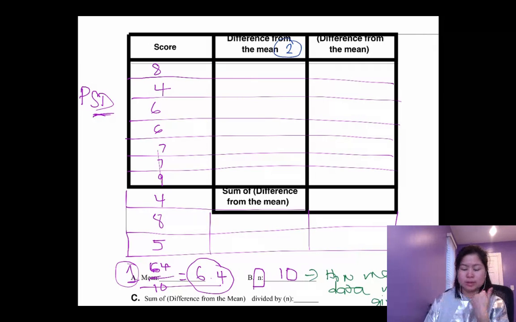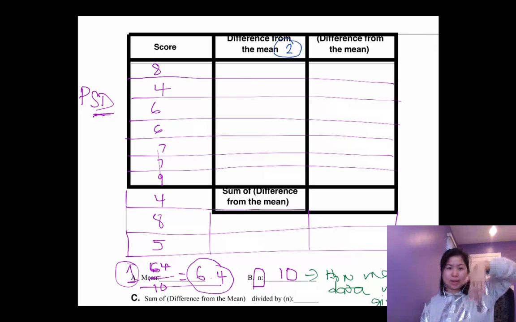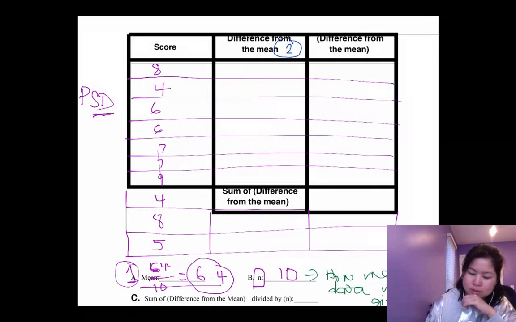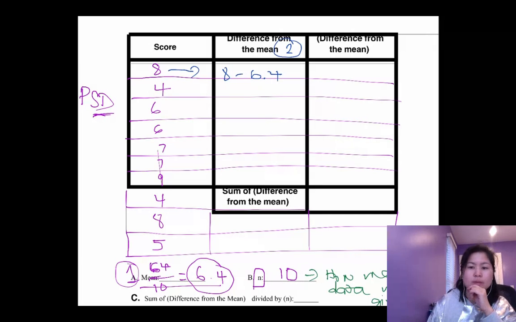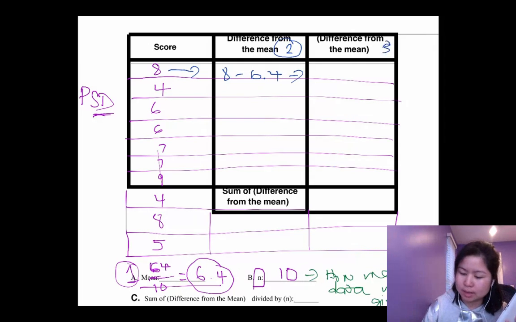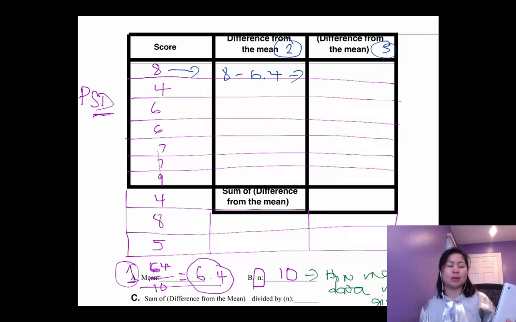Step 2 is that I'm going to take the values given to me and subtract the mean. So I'm going to take this value, 8, take away the average, which is 6.4, okay? So I'm going to do step 2 and step 3 at the same time. That way I don't have to go back and retype my value.